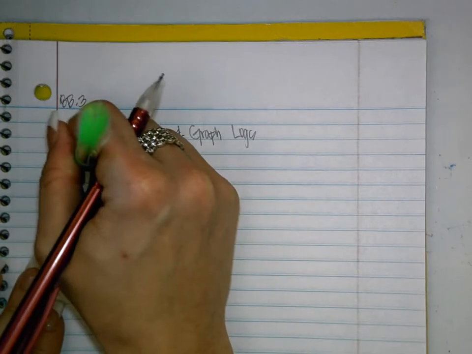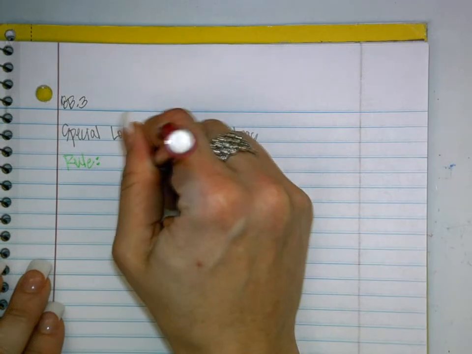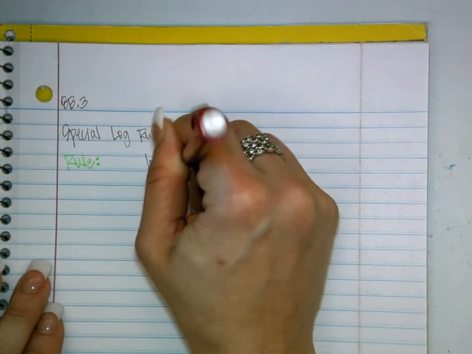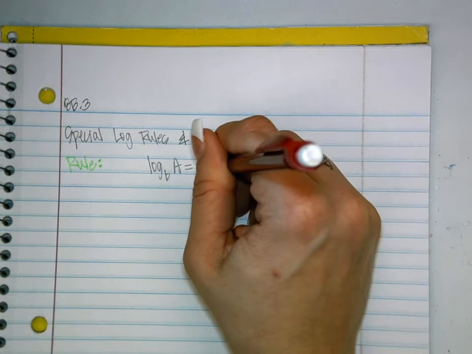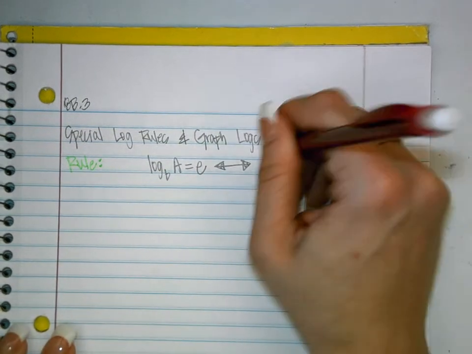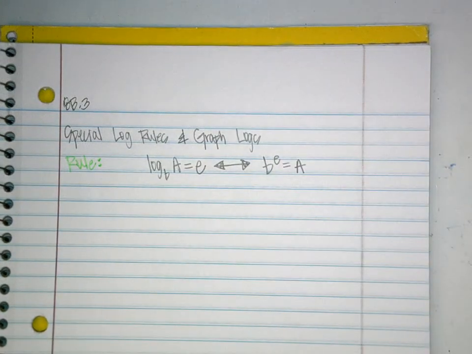So the first rule that we had talked about was basically the translation. If you have log base b of a equals e, you can translate back and forth to be b to the e equals a. That was the first one.